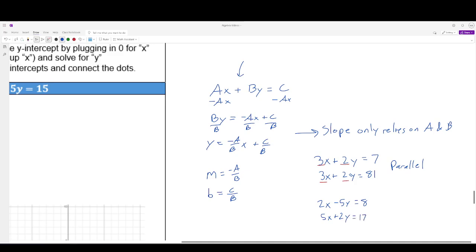Then again, I know that I'm only relying on A and B to get my slope. So by swapping A and B, that's the same thing as making a reciprocal. And by switching negative to positive, that's an opposite. And we learned before that opposite reciprocal slopes are perpendicular.